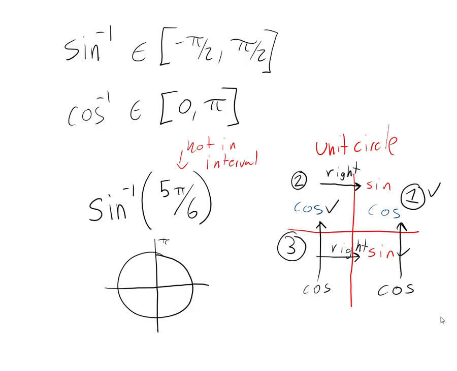Here's pi over 2. 5 pi over 6 is right here. Okay? What we're going to do instead is we're going to say, okay, 5 pi over 6, we're going to move it all the way over here to pi over 6. I guess I should put that down here.